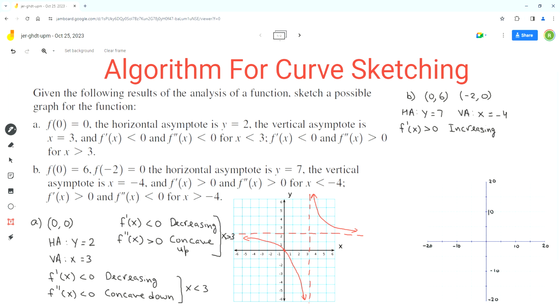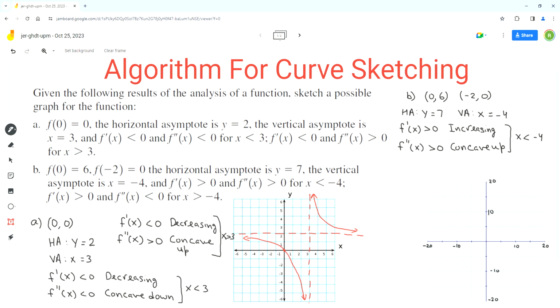And when the second derivative is greater than 0, that means the curve is concave up. And this is for x less than negative 4.